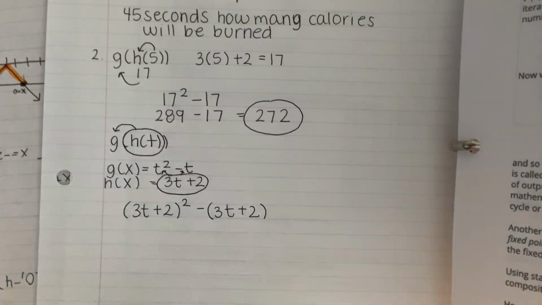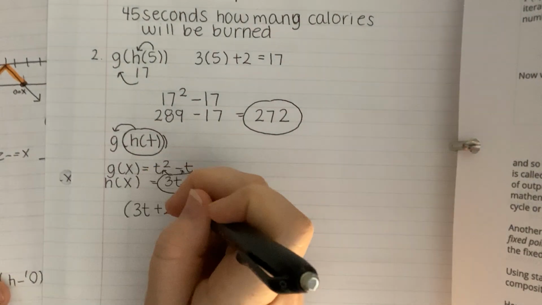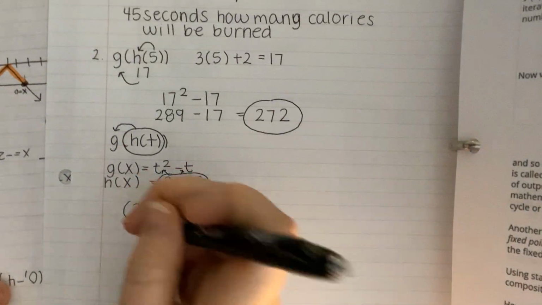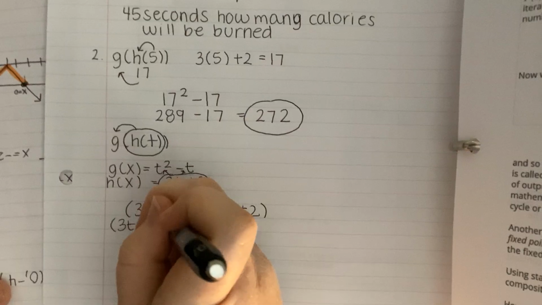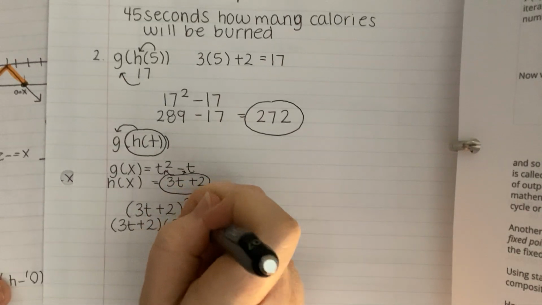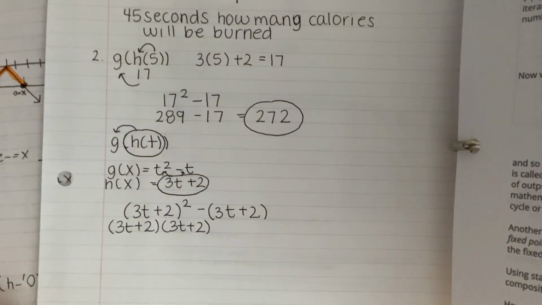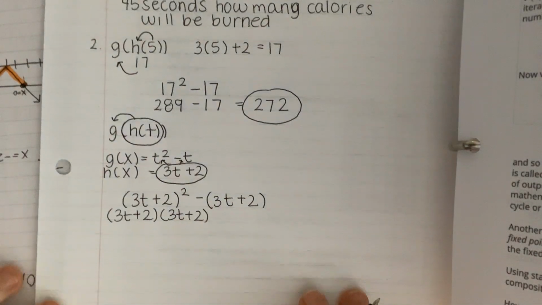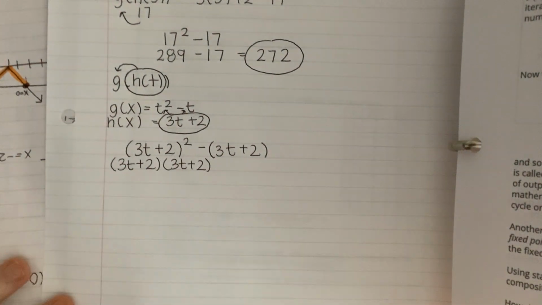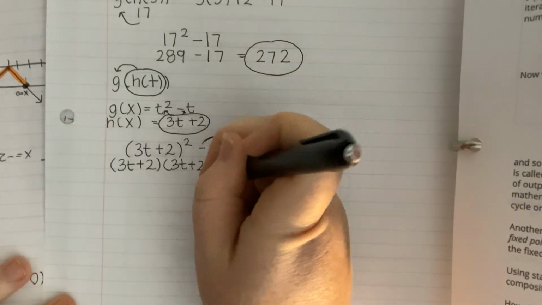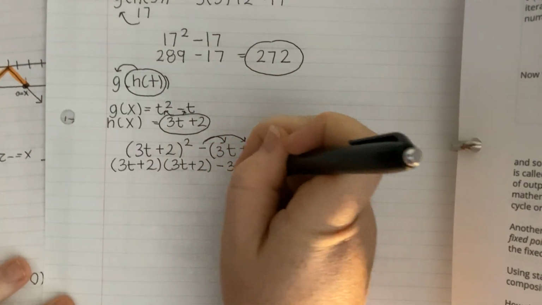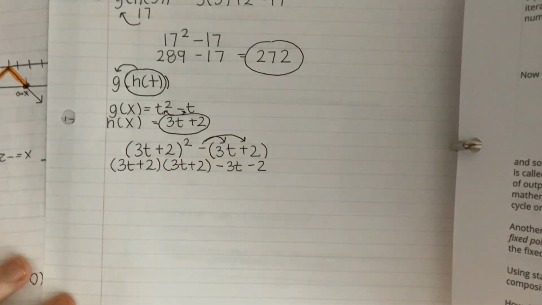We cannot take this squared and just distribute. This is the same as saying 3t plus 2 times 3t plus 2. So you have to multiply it out, either using the boxes, the FOIL method, whatever works best for you. This negative is going to get distributed, and we're going to have minus 3t minus 2.